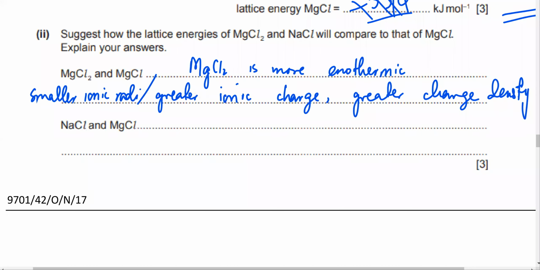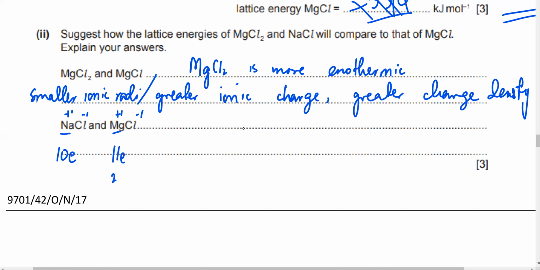Okay, what about NaCl and MgCl? Now in this case, the charges are the same: +1, -1, +1, -1. Which one do you think is smaller? Na has 11 electrons, +1 means it has 10 electrons. Mg has 12 electrons, but +1 means it has 11 electrons.